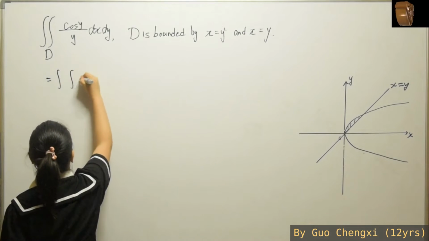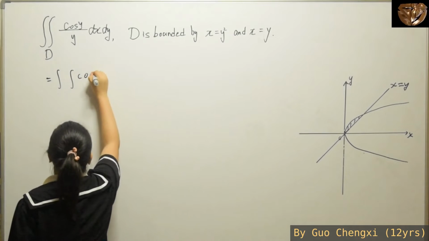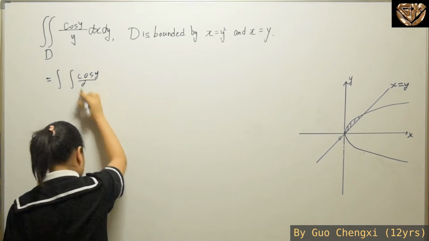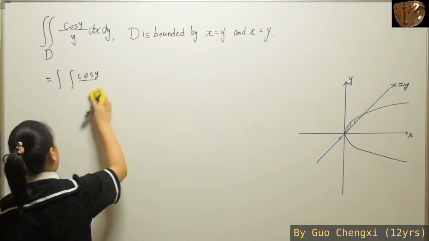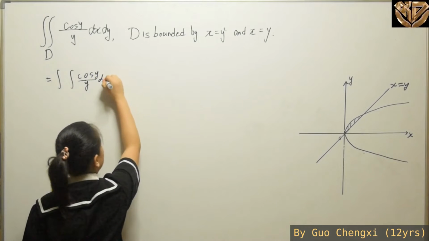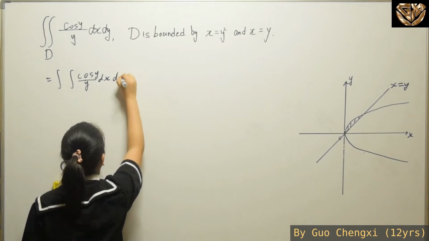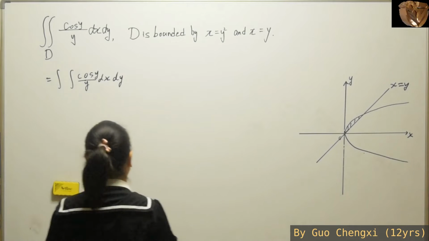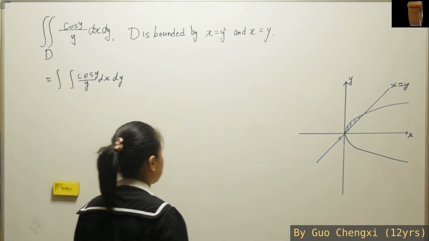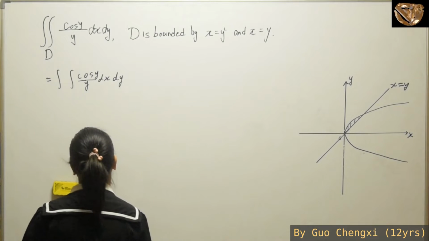So over here, you may be wondering, supposing you have y over here and you have the x, right? Are you supposed to integrate with respect to y first, or with respect to x first?